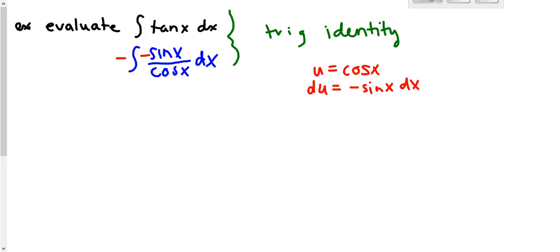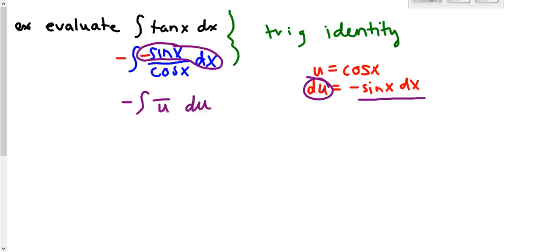So when we integrate this problem, we will have negative integral of negative sine x dx becomes du. Cosine becomes u, and that's on the bottom, so we have 1 over u. So now this is just an ln problem.